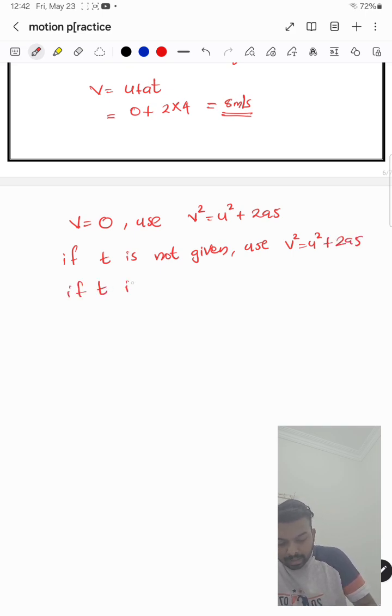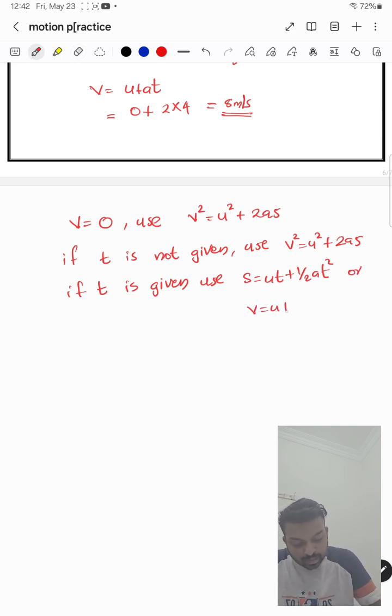If t is given, use the equation s is equal to ut plus half at square, or v is equal to u plus at. These are the two things you have to understand when time is given.